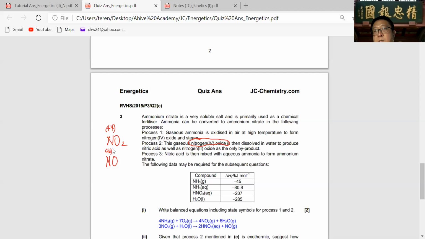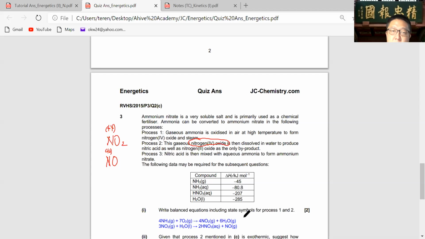Now you must get used to all these terms given at A level, because the assumption is that you have mastered your redox, since at O level you have learned the topic on redox already. So determining the oxidation state should not be a problem, and it should be natural that you can tell nitrogen 4 oxide is NO2 and nitrogen 2 oxide is NO. So you come out with the two balanced equations.